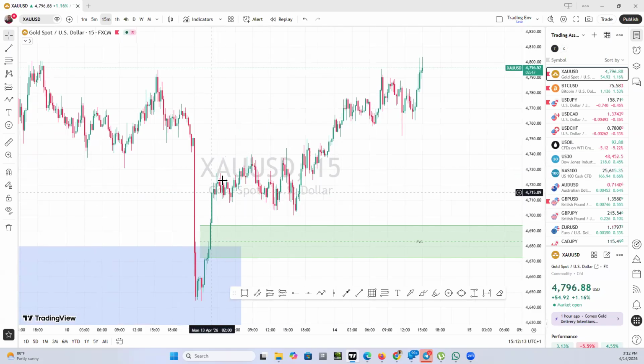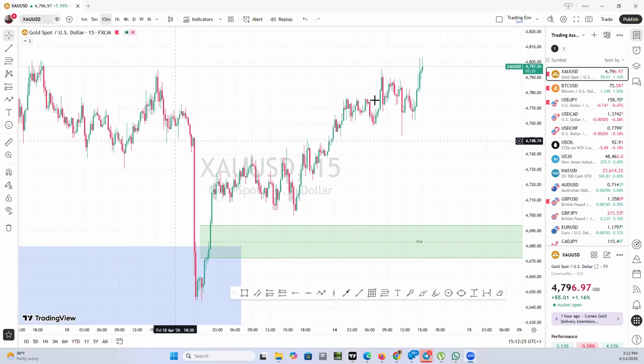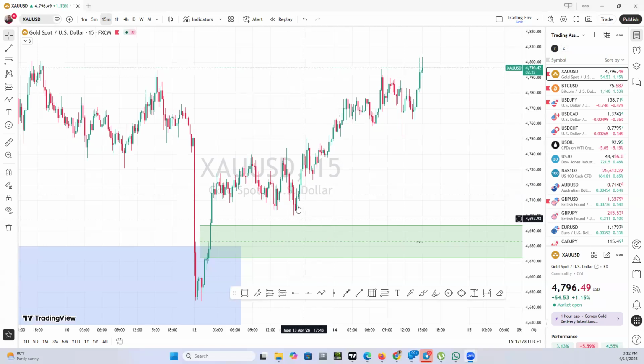Here, this is choppy, because we are looking for a change of character with displacement, something like this. This one is choppy, so we cannot count this as our change of character.